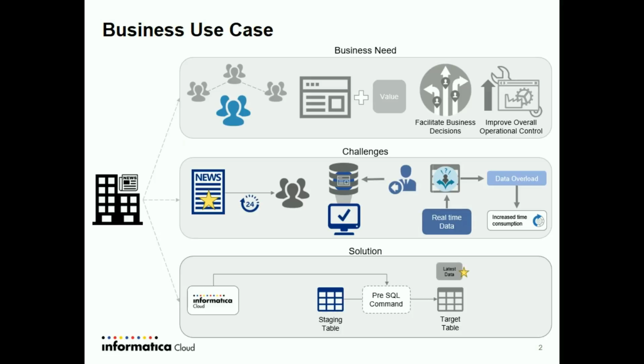Once in a while, after all the data had been loaded to the targets, they cleared the staging table with the help of a post-SQL command. This way, they provided their subscribers with the latest data without being bothered about target table and staging table data maintenance. This increased their subscriber satisfaction and led to a substantial increase in their subscriber base.